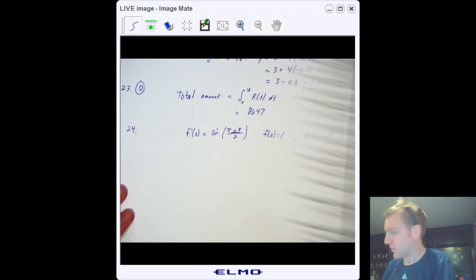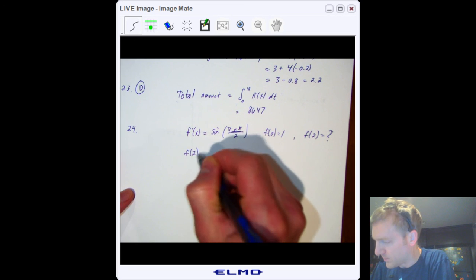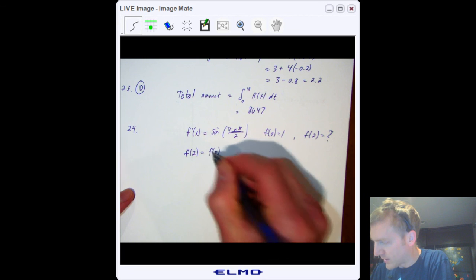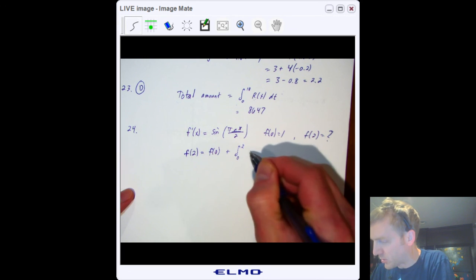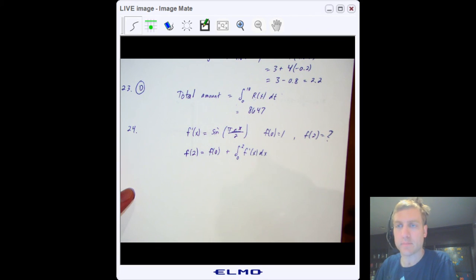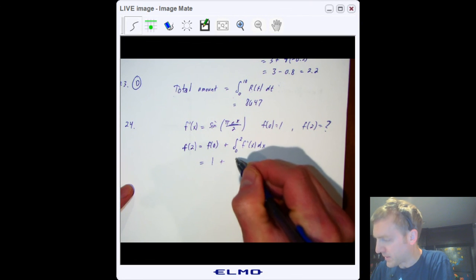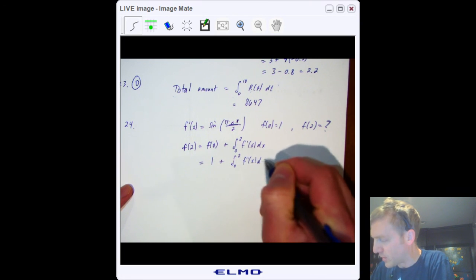All right. So if I want to find f of 2 and I know f of 0, it's f of 2 is f of 0 plus the integral from 0 to 2 of the derivative f prime x dx. Okay, so f of 0 is 1, so it's going to be 1 plus the integral from 0 to 2 of the derivative function, which you can do in your calculator.